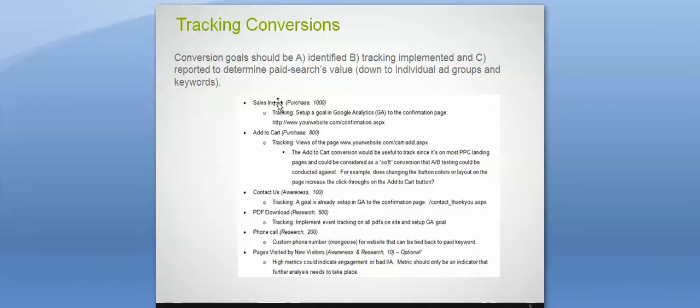But again, this is for you to determine the goals and the values, because this is how we're going to then measure the paid medium's value to your business or your clients.